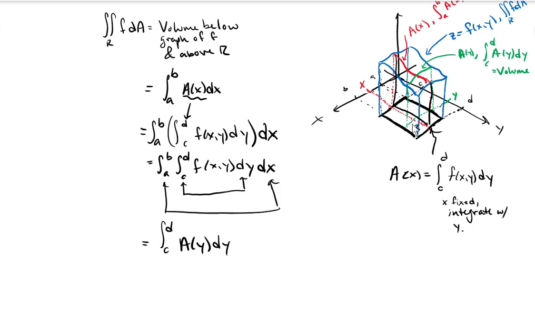That would pick up the volume of this little weird shape too. But then if you did it that way, to get that green cross-sectional area, you just integrate x from a to b and hold the y value fixed. So you might say you could do this in reverse.